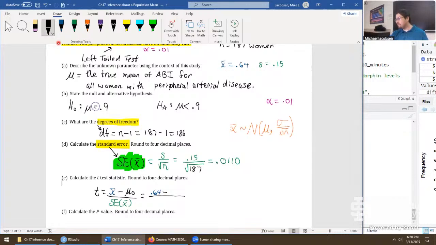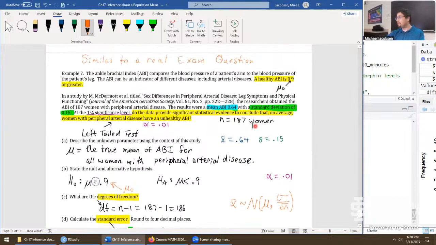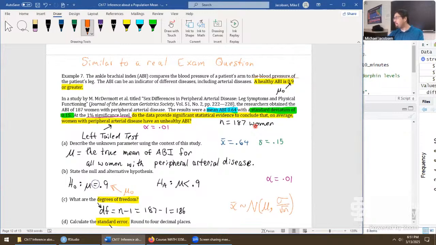Then go minus. That's a tough one right there. I wrote it in because that's how it's written into the formula. It's the value that goes here. Mu naught. It's the value to be tested. It's also the same value that's duplicated here. And we indicate it right up here. That's our mu naught value as well.